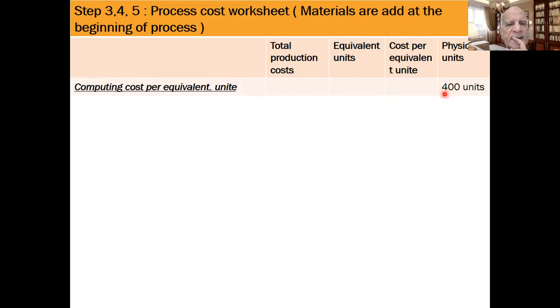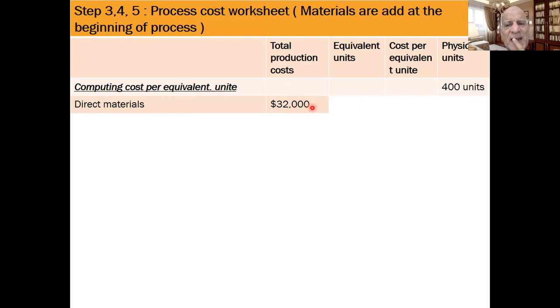Computing cost per equivalent unit. We now want to compute the cost per equivalent unit for each cost item. As for the direct materials, it is assumed to be $32,000. So to be written here.